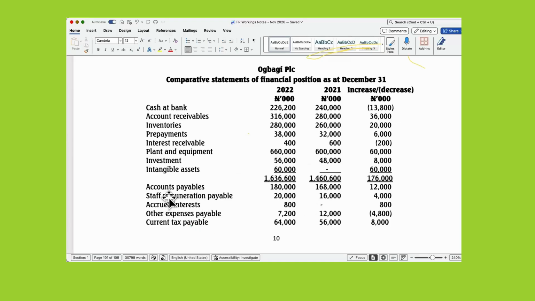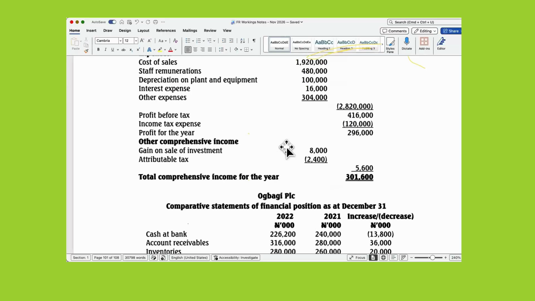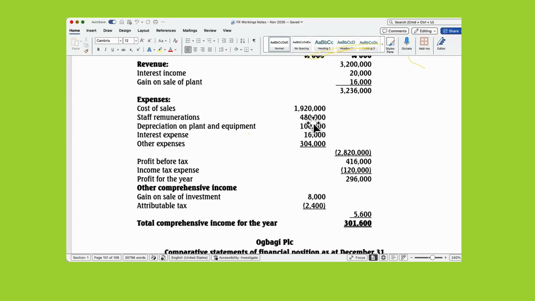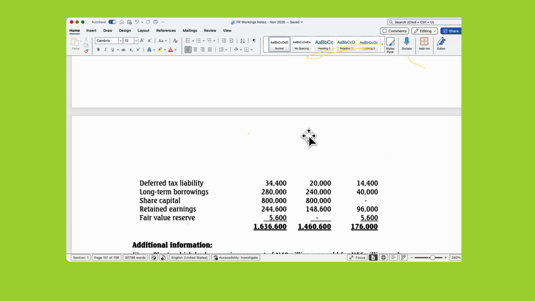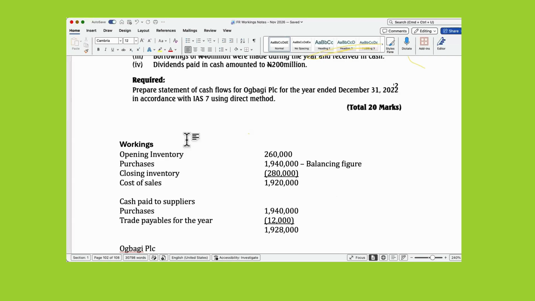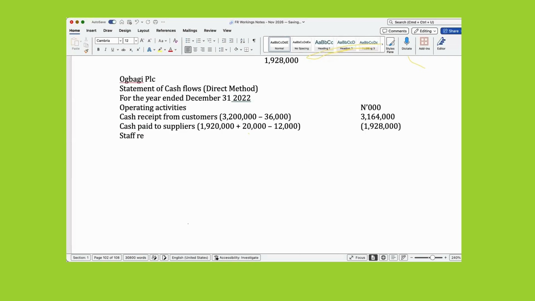And that's all. So if this was not given, if I can't find any staff remuneration payable in liabilities, that simply means that the staff remuneration here of 480 was totally paid. I'll just take it to my statement of cash flow straight up. So I go to my staff remuneration paid, 480,000.